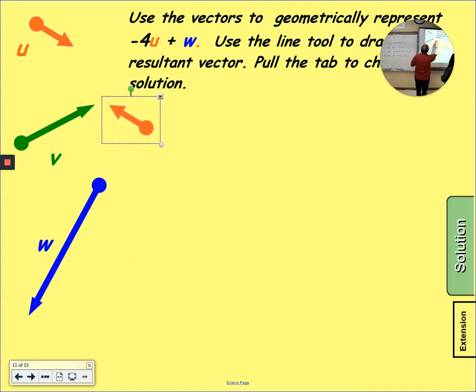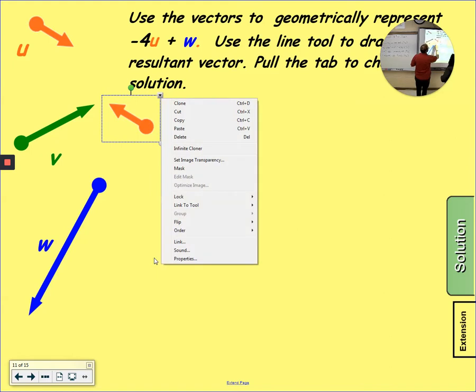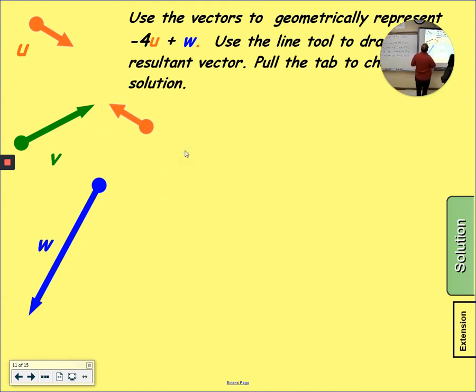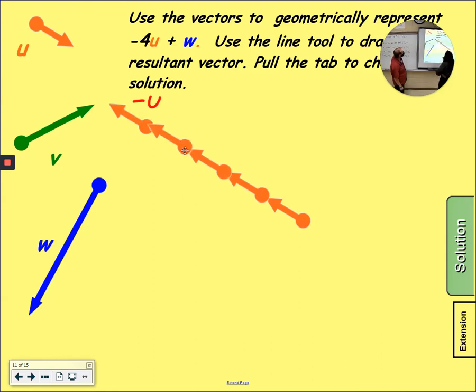Now, let me set this up real quick. Boom. Okay. So here is your negative u. All right, go for it. 1, 2, 3, 4. Okay. Plus w. All right. Now, draw me a resultant vector.